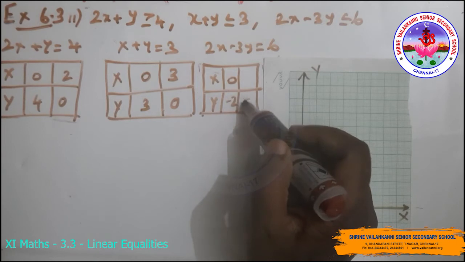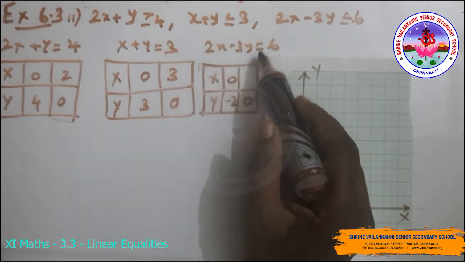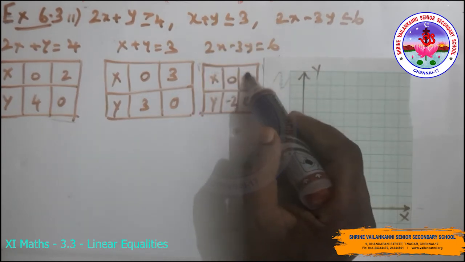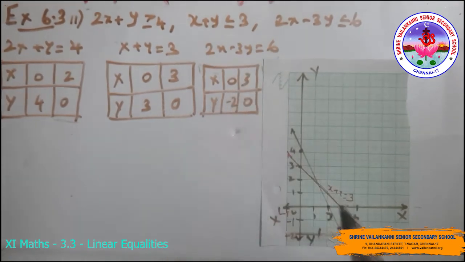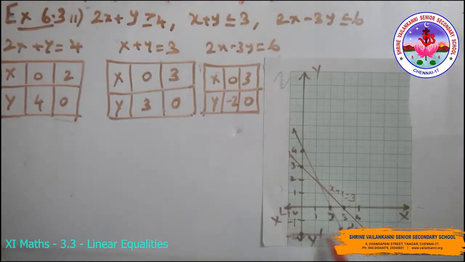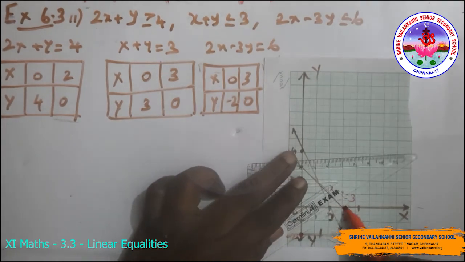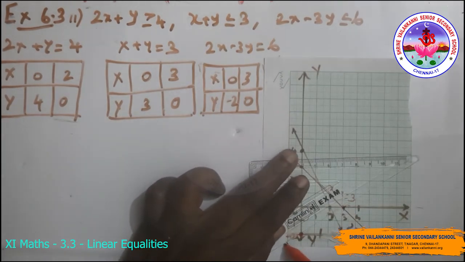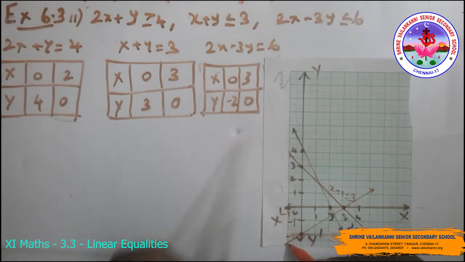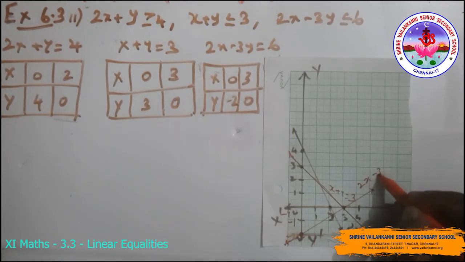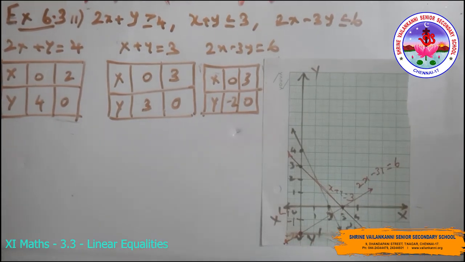When y is 0, 2x equal to 6, x equal to 3. When x is 0, y is minus 2. When x is 3, y is 0. We have to join these 2 points. And this line is 2x minus 3y equal to 6.